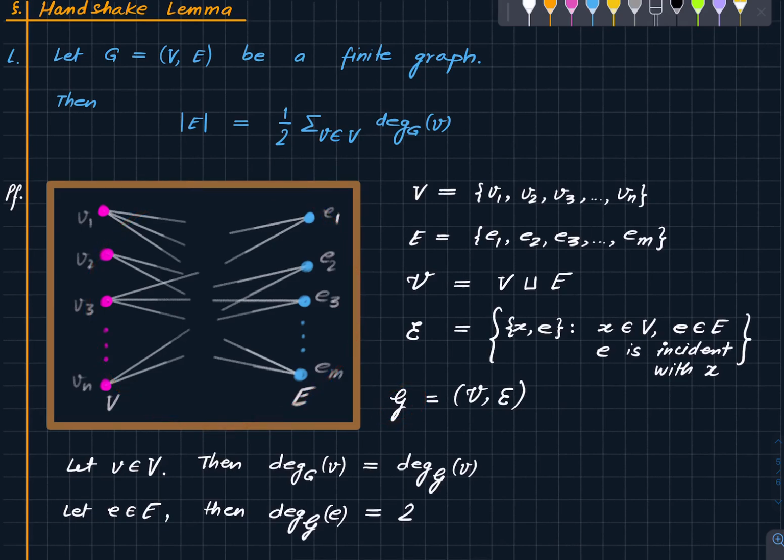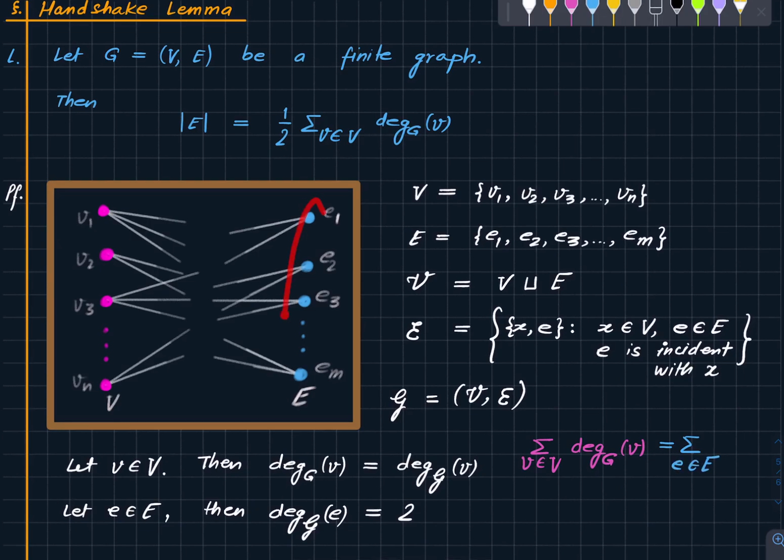Alright, and now apply the principle of double counting to this fancy graph. So if you do that, from the counting from the left side, what do we count? We count summation over all the vertices, degrees in the fancy graph, but we showed those are the same as in the old graph. And from the right side, if we count, it's all the edges in the old graph.